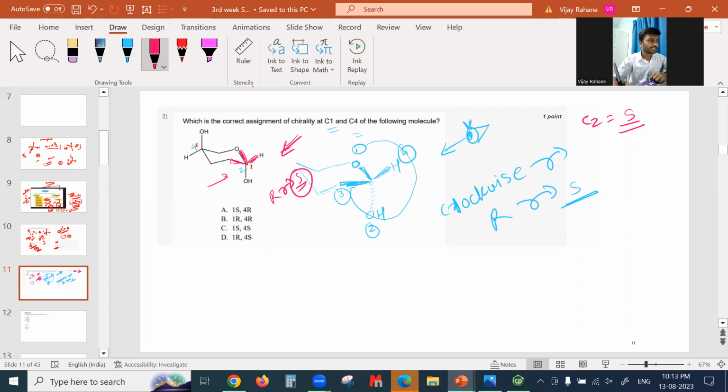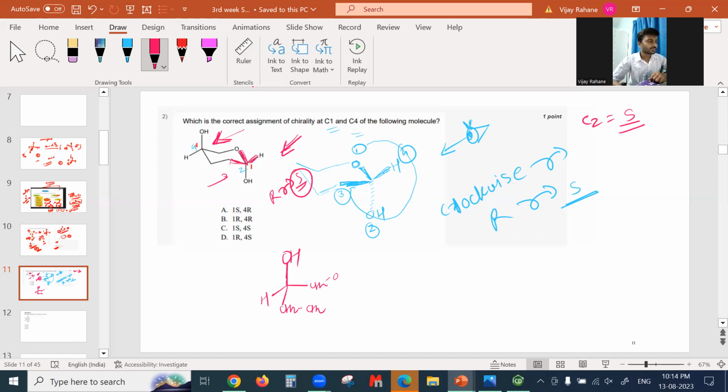If you look at the next center, you can see here it is hydroxy, which is upside, and this group is CH2O, and here it is the CH2, and that side it is hydrogen. If you look from this side, we have kept the hydrogen away from us.